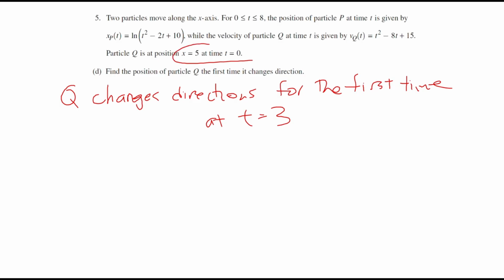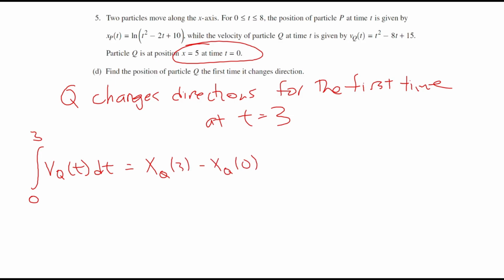Well, we know the position at 0. So we can use a definite integral here and say that the integral from 0 to 3 of v sub q of t dt should tell us the displacement of the particle from 0 to 3. So that should tell us what x sub q of 3 minus x sub q of 0 is.